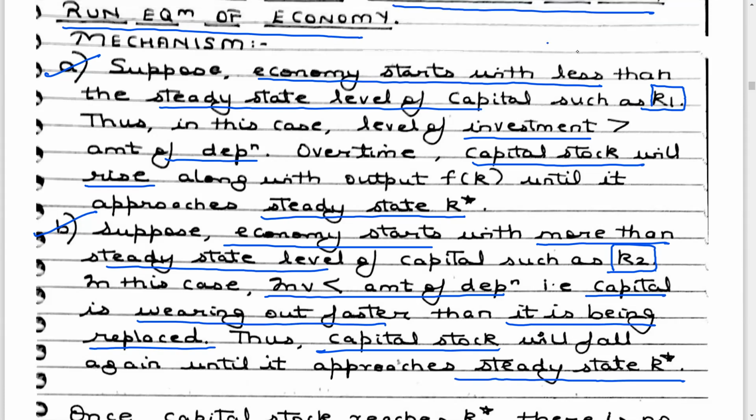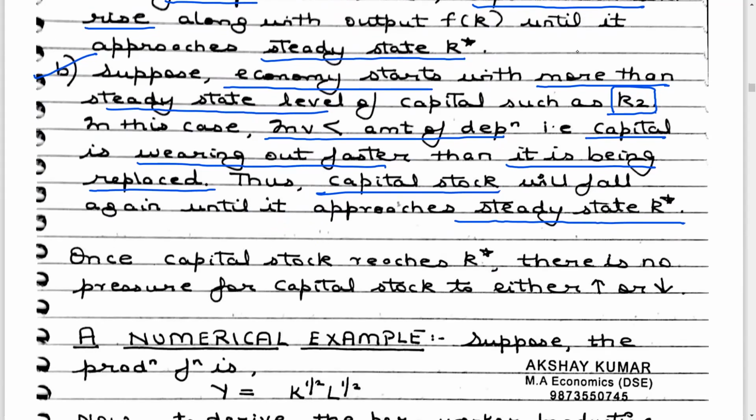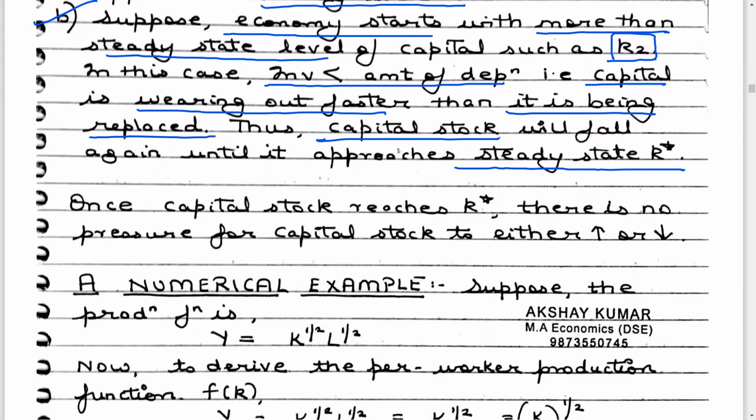So no matter from which level of capital stock per worker you start, you will ultimately converge to the steady state level of capital stock per worker as explained by the Solow model. Once the capital stock reaches K star, there is no pressure for the capital stock to increase or decrease.